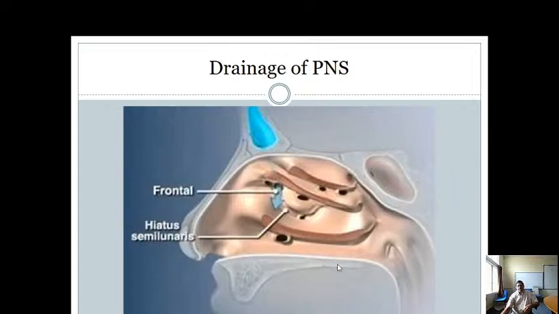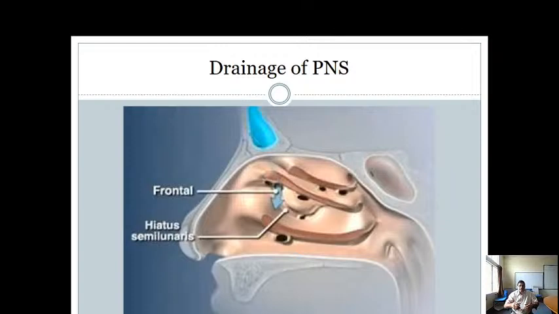Now the nasal cavity forms the upper respiratory tract, the beginning of the respiratory tract. As you know, the respiratory tract consists of the nasal cavity, the nasopharynx, the oropharynx, the hypopharynx, the larynx, the trachea, the two bronchi, and the bronchopulmonary segments, bronchi and bronchioles, and ultimately the alveoli.